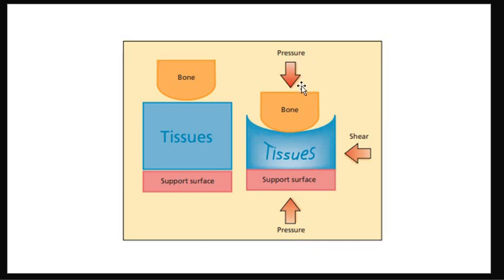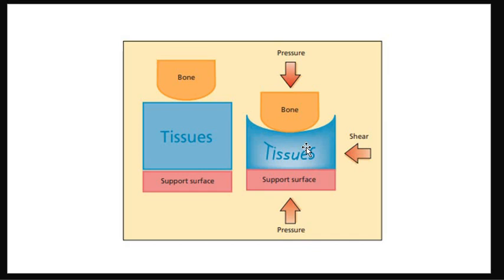So the bone is exerting pressure over the tissue. The bed, mattress, or any external surface is also exerting pressure over the tissue, and the tissue gets damaged and the pressure ulcer forms. So this is one of the main factors.